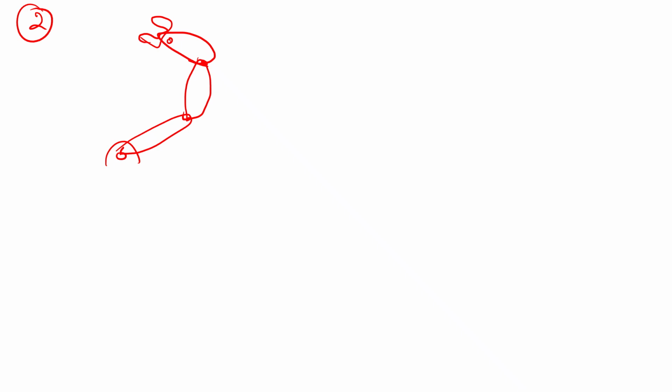Okay, so let's take one more manipulator, that is problem number 2. Let's take a 3R manipulator. So here is the base, here is one link, here is one more link, and then here is one more link. You have the end effector over here.